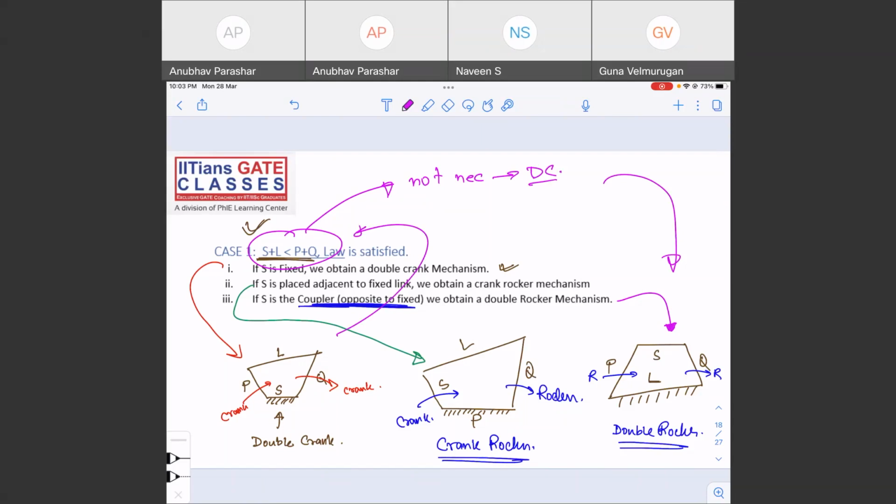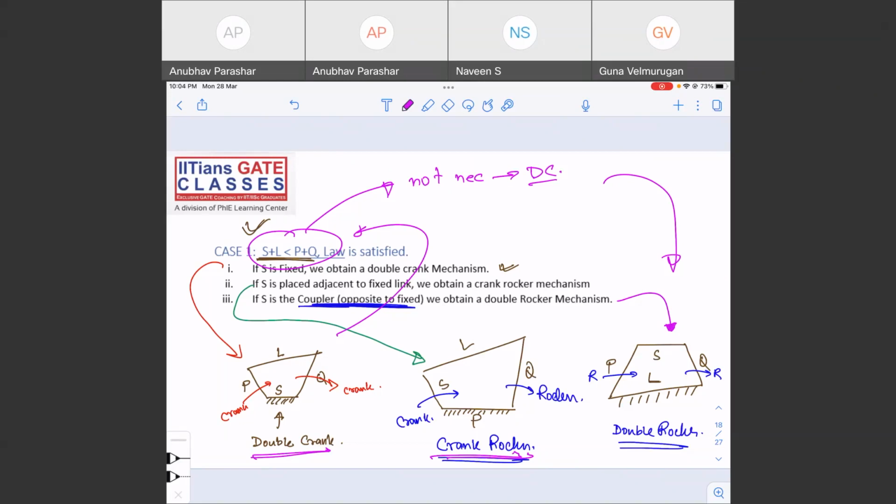At least one crank: if you want at least one crank, if you want double crank or crank rocker, the law has to be satisfied. If the law is not satisfied, you'll never have a crank. If the law is satisfied, yes, you can have a double crank or crank rocker, but it is not necessary that every time you'll have a crank rocker.